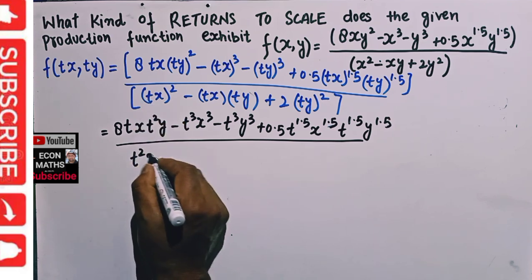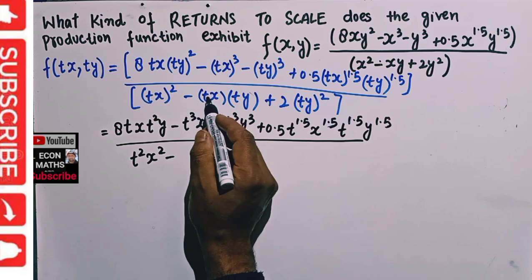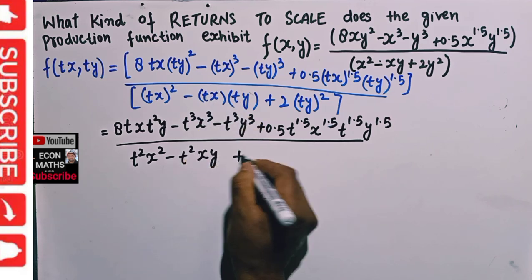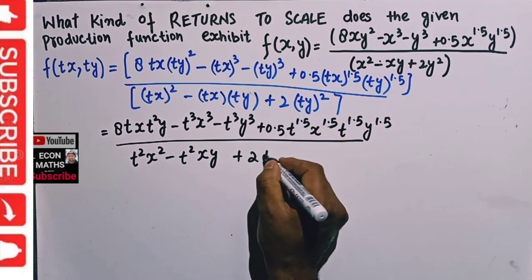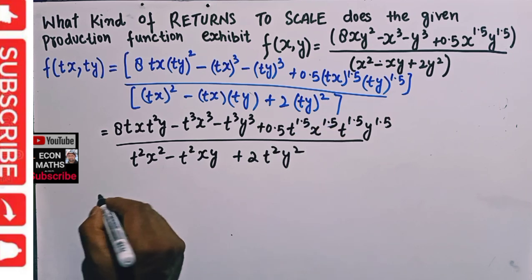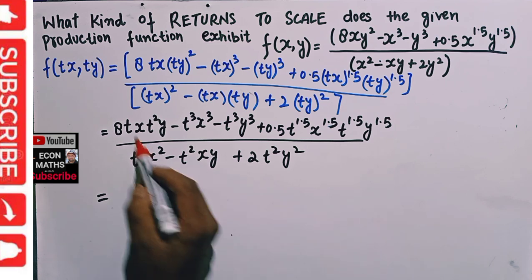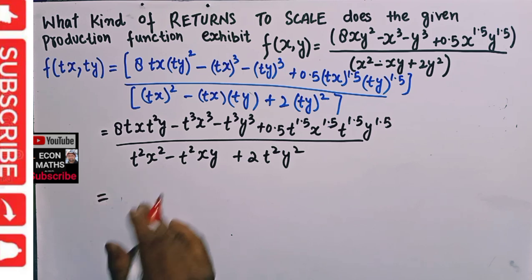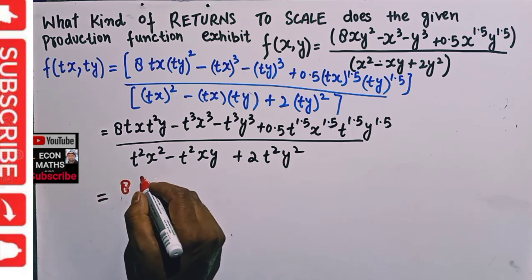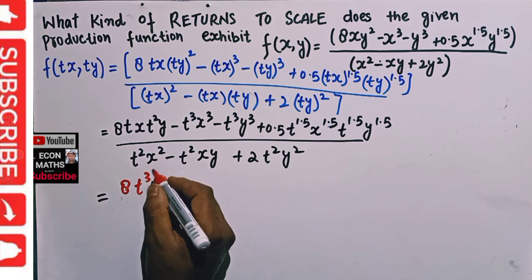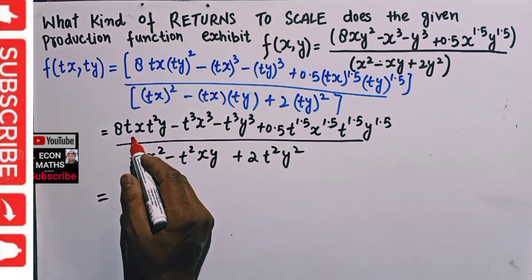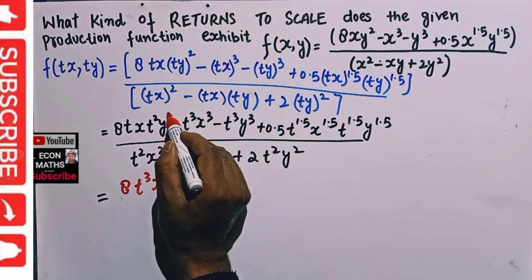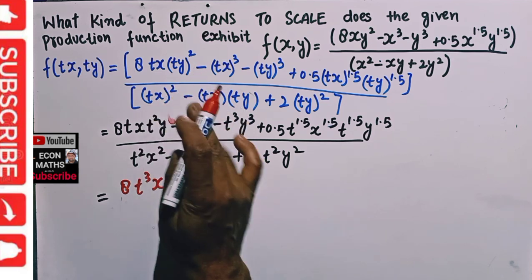So we have t square x square minus, so here we have t into t is t square xy, plus twice, here again expanding, t square y square. So t into t square is t cube, so we will have, let me write it here, 8 into t cube x, and here we have y square, I forgot to write it here, y square.